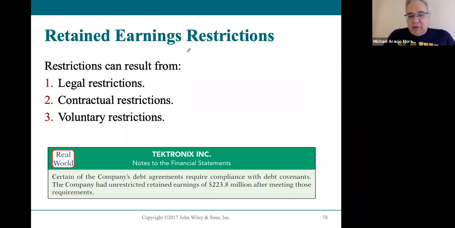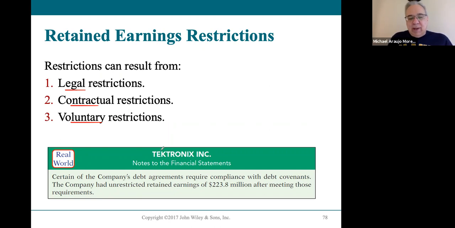So what can retained earnings be used for, or are there any restrictions on them? There are some. In some cases, retained earnings can be put aside specifically for any contractual restrictions that they have.